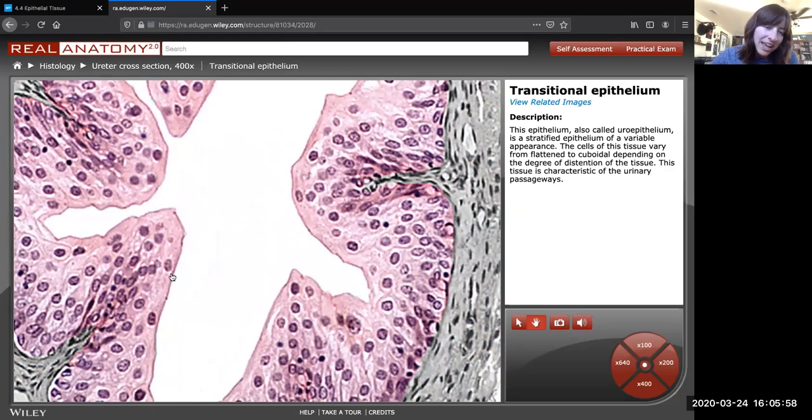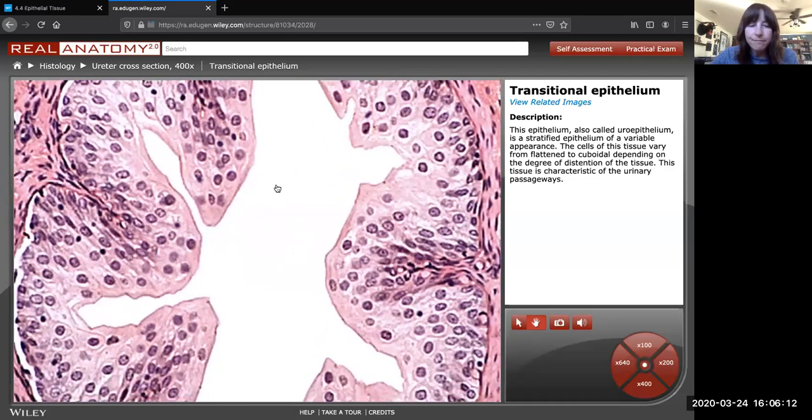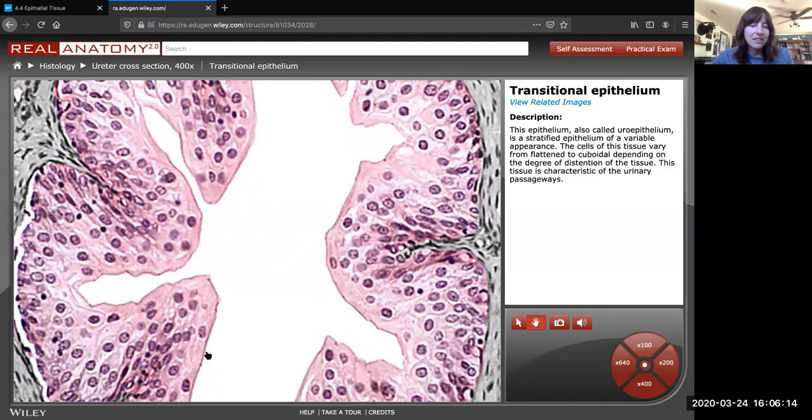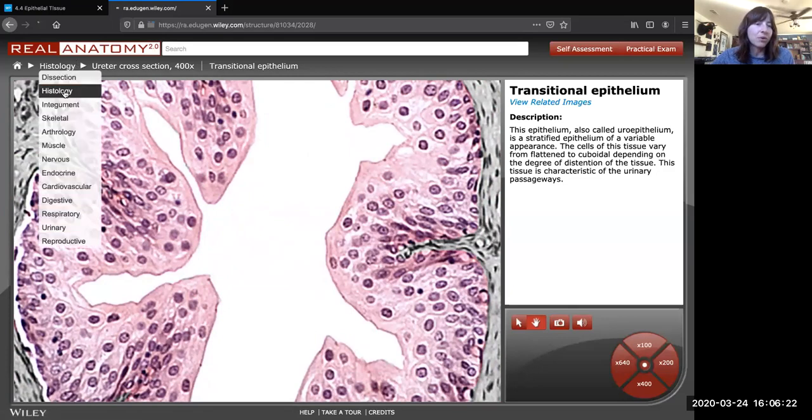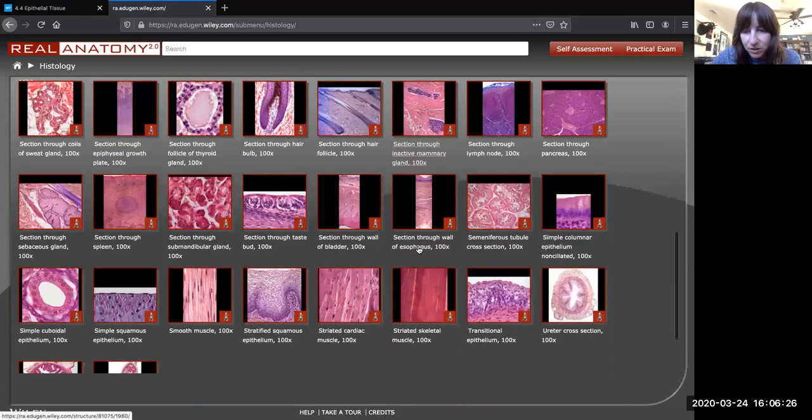They're kind of flat and pancake shaped like squamous. And then some of them look like they're cuboidal, right? So it looks like they're either cuboidal or squamous. You're going to be able to identify this most easily by where it is found. If the example is the urinary bladder, then it's going to be your transitional epithelium.